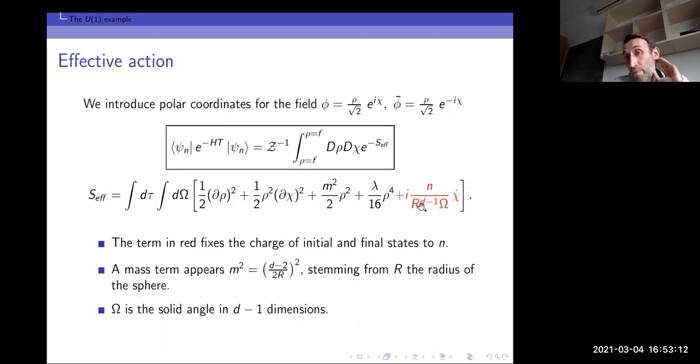And also there will be a new term, this red term, which just fixes the charge of the initial and final state psi n to be n. You see, so this is the physical interpretation of this effective action. And omega, of course, is the solid angle in d minus epsilon dimensions.